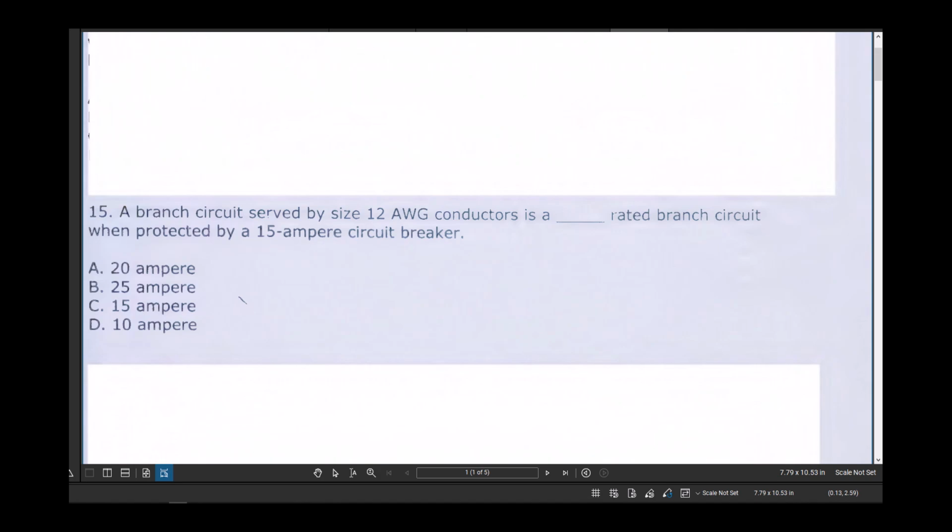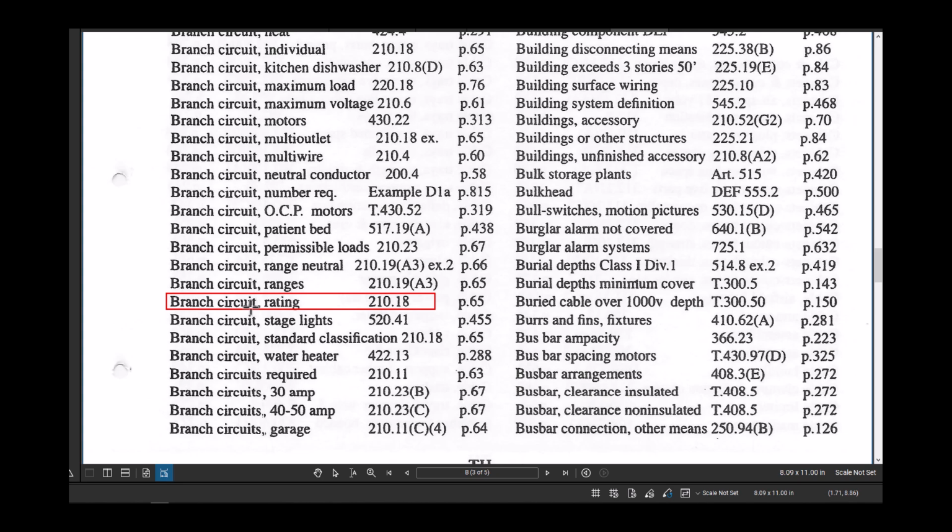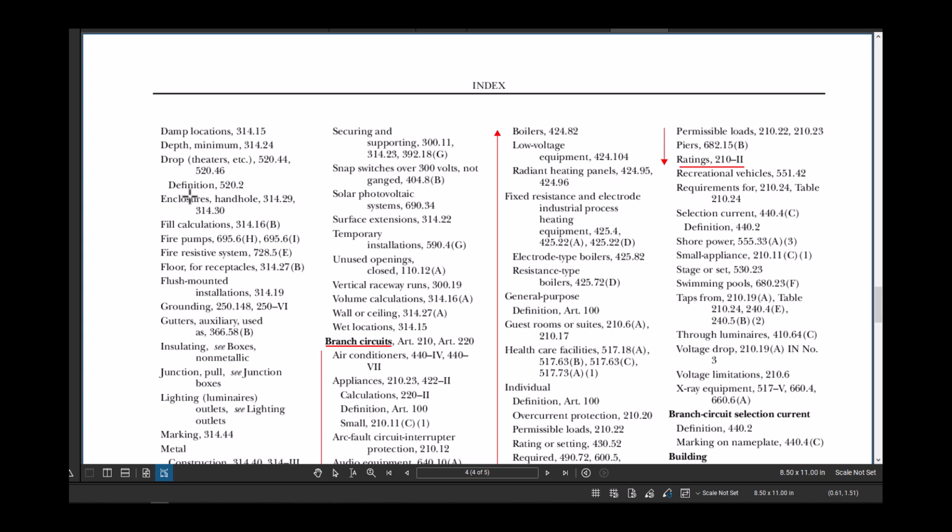If we highlight the keywords, we're looking for branch circuit and rated. We go to the Tom Henry index, we have branch circuit rating 210.18. We go to the NEC index to see what we have.